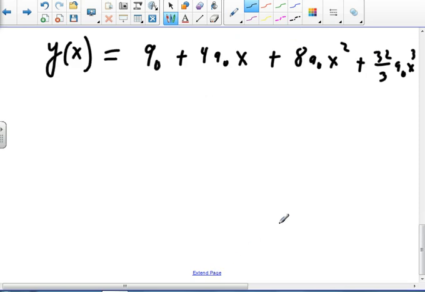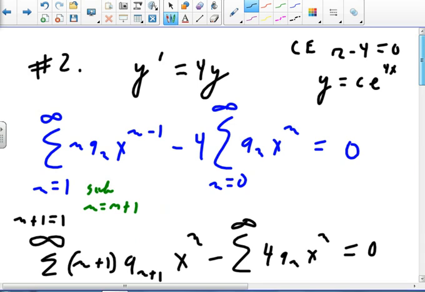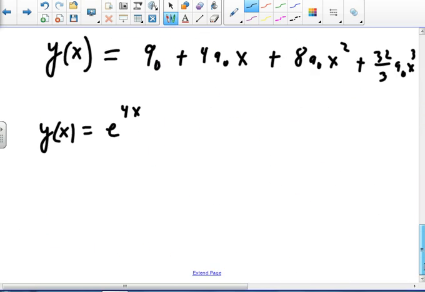All right. Now, originally we said that the answer to this problem has to be e to the 4x. Did we not? Yeah, that's what we said it was going to be, e to the 4x.